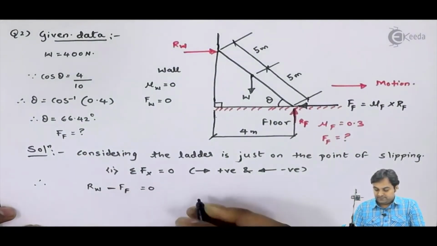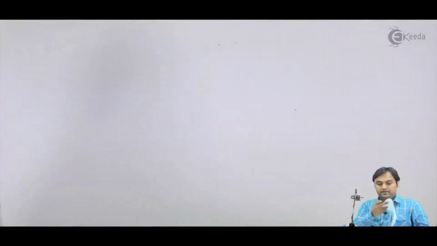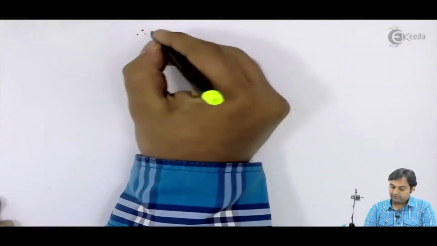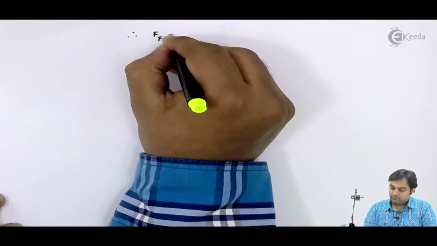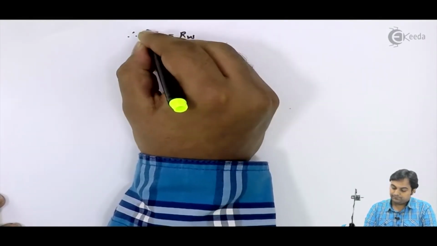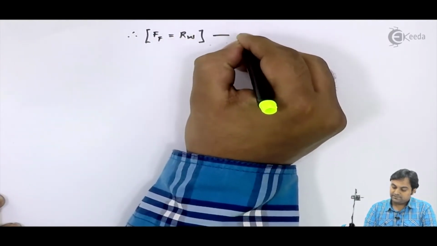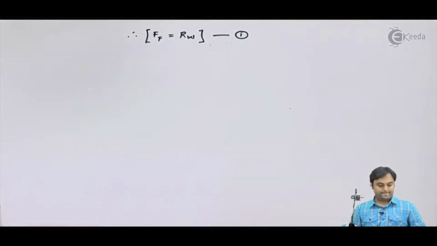Therefore, friction force offered by the floor, which is F suffix F, is equal to Rw. I will keep this as my equation number 1.